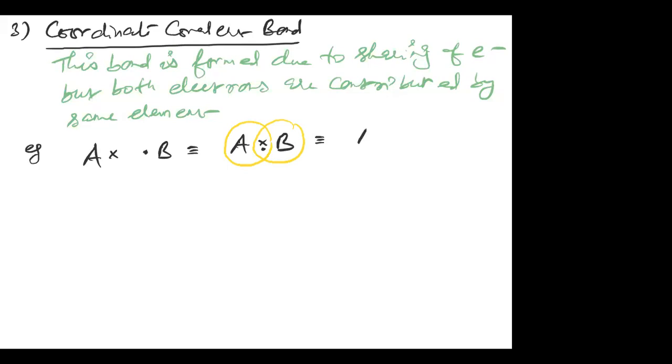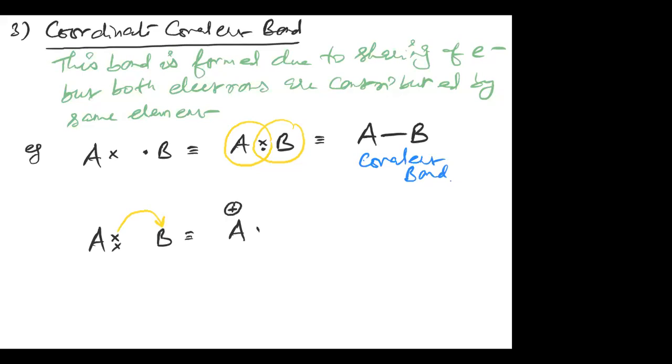This bond is going to be the example of a normal covalent bond and is represented by A bond with B. Similarly, if A has both the electrons and B has nothing, firstly it can transfer one electron to B, and A acquires, let's say, a positive charge and one electron here.